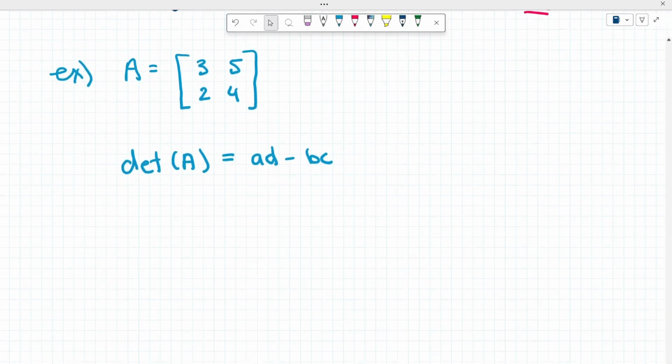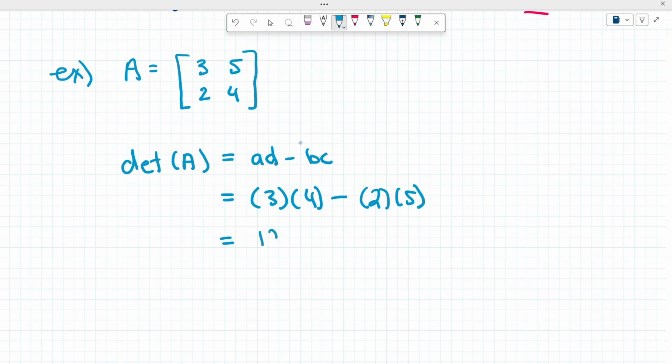If we just get the numbers from our matrix, we have 3 times 4 minus 2 times 5. If we simplify this, we get 12 minus 10, and this equals 2.